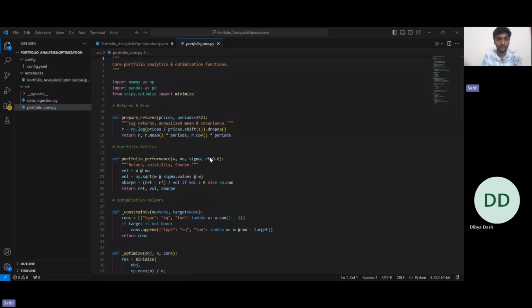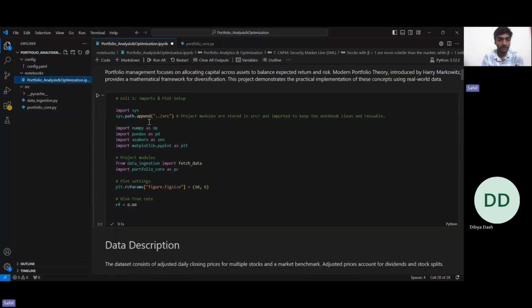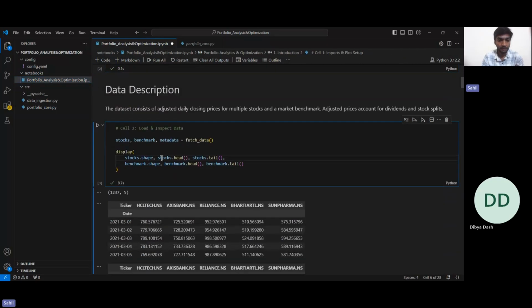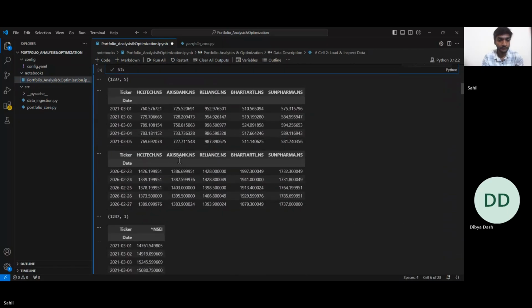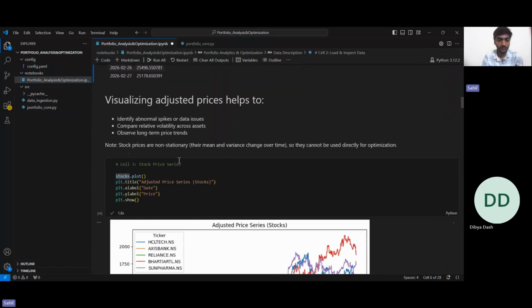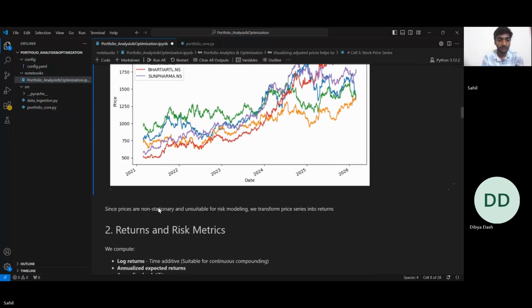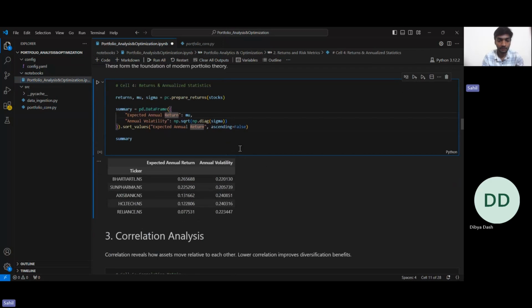Then we go to our main notebook. In the first cell, we import all the necessary modules and packages. Then we describe our data. Then we visualize it on the plot. Then we see the expected annual return and annual volatility for each stock.